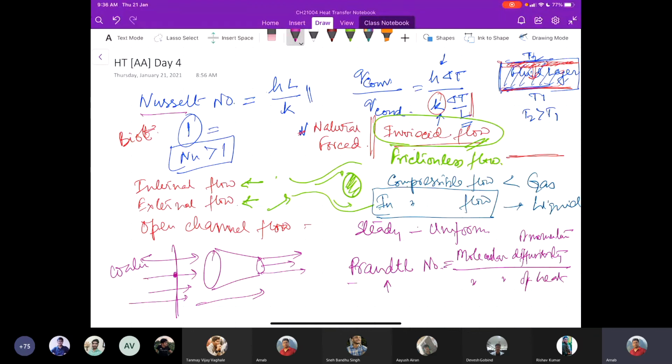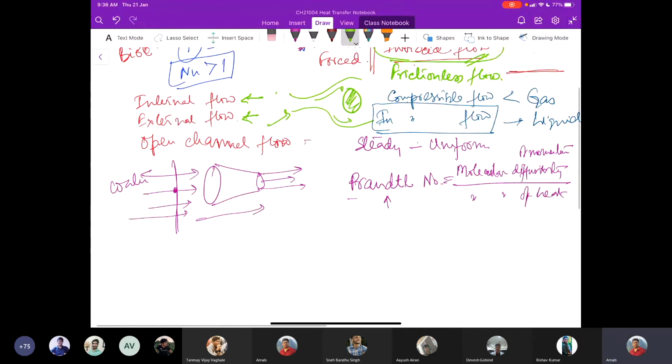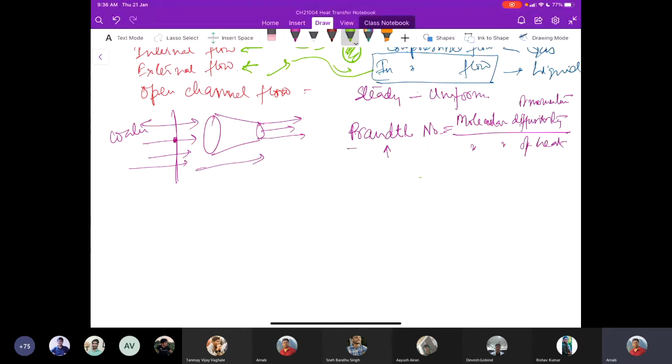Or in short form, it is the momentum diffusivity by heat diffusivity.